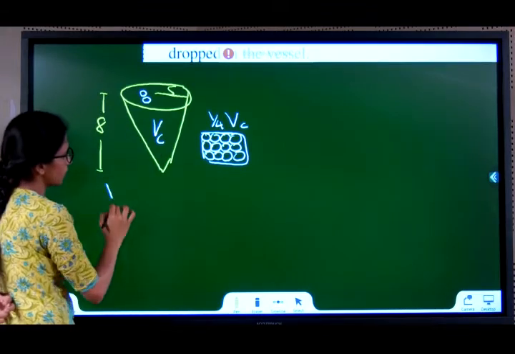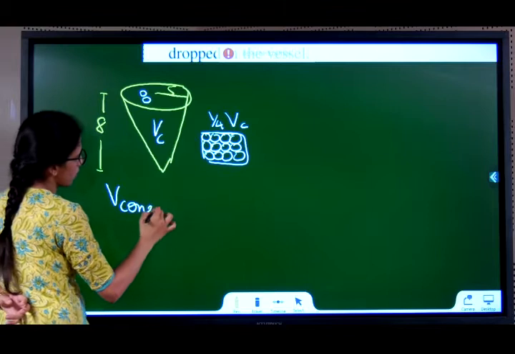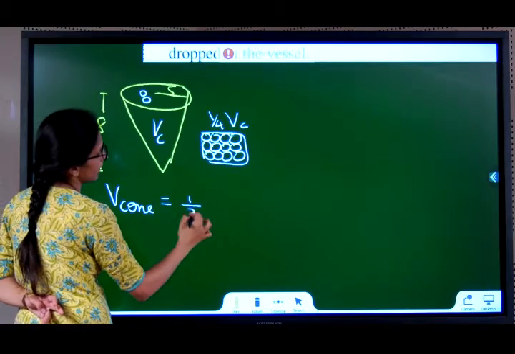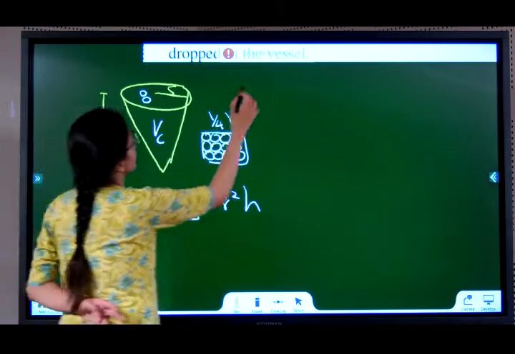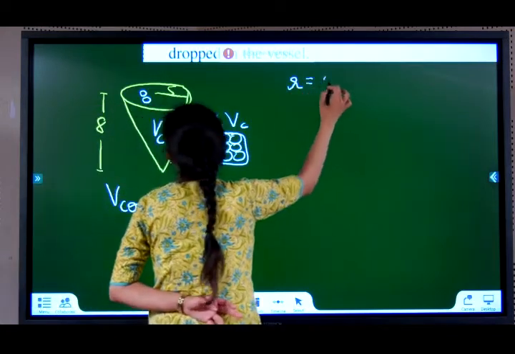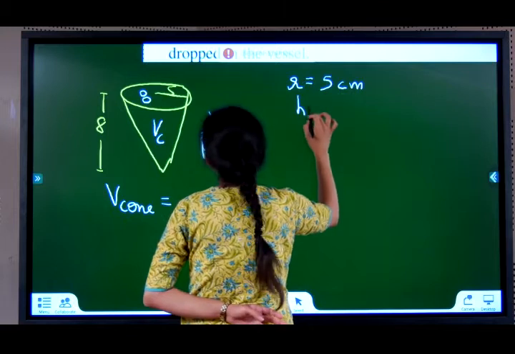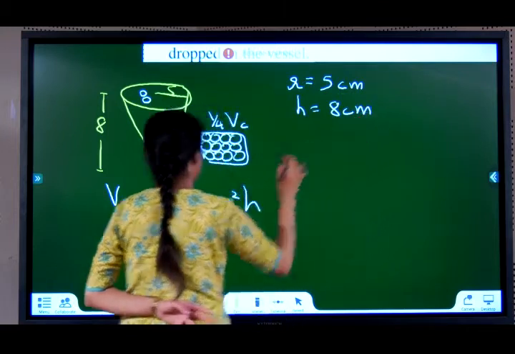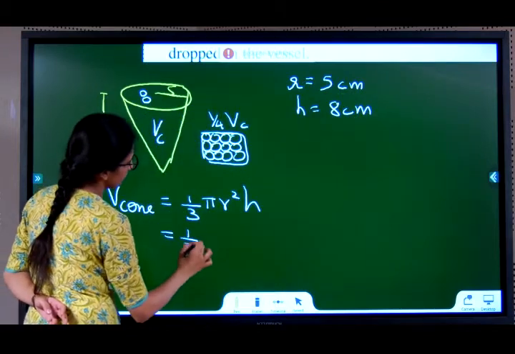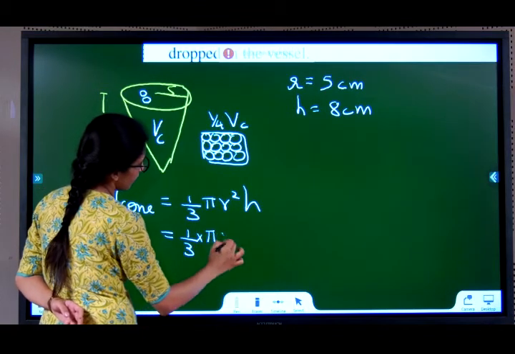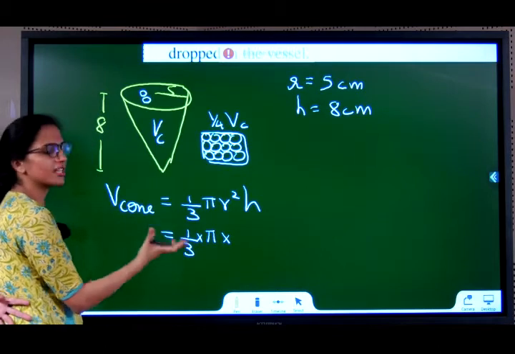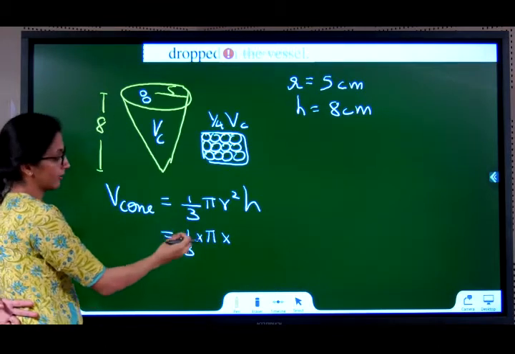First let's find the volume of the cone. Volume of the cone is given as 1/3 pi r square h. What's the radius? 5. Height 8. 1/3 into pi. Don't substitute for pi because substituting pi only will make it a little lengthy for you.